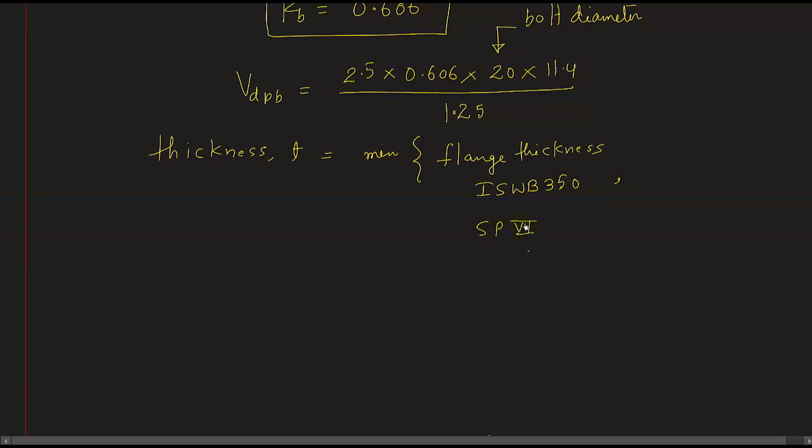And then we also have to consider the plate thickness. The plate thickness in this case is 12 mm, which was given in the problem, and if you look at SP6, this value is 11.4 mm. So we have to consider the minimum of these two, that is 11.4 mm in this case.